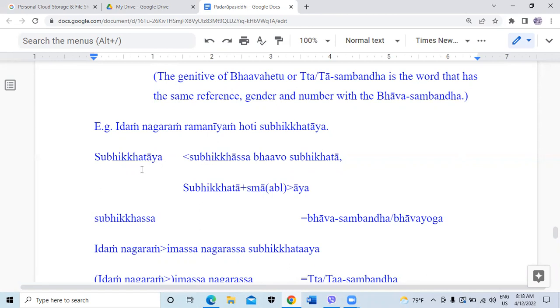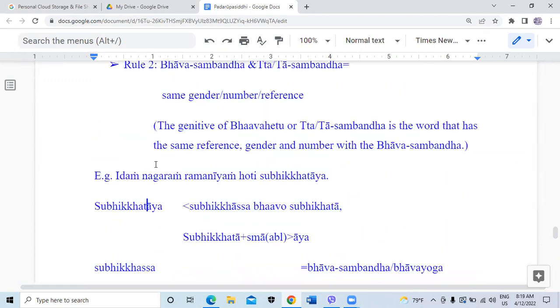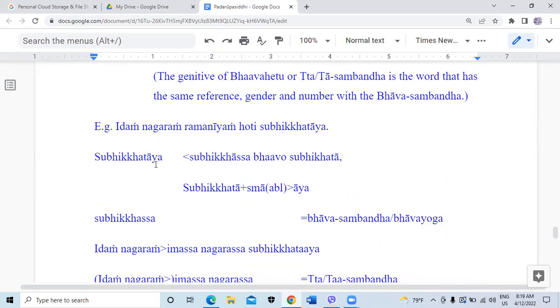After attaining application, we have subhika taya. The word that shows reason also has a genitive sambandha. That genitive sambandha is called tata sambandha. Bhava sambandha and tata sambandha.